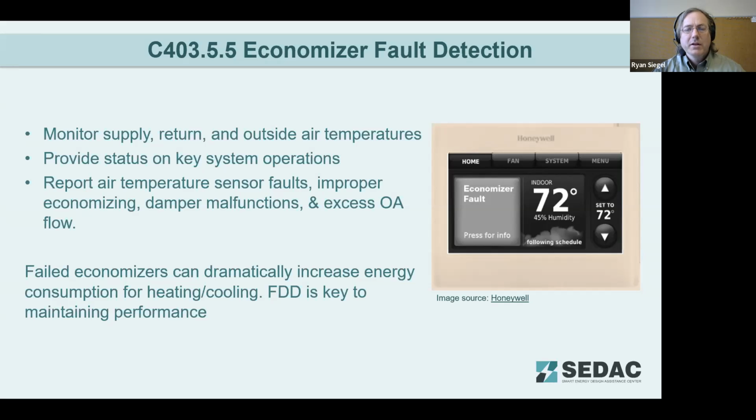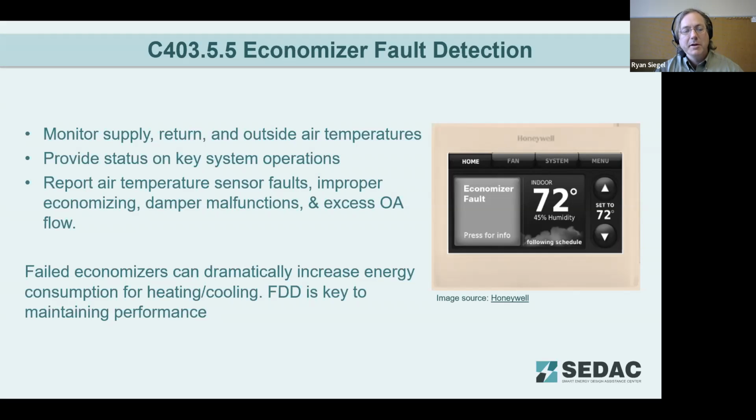What the economizer fault detection is going to be looking at is supply, return, and outdoor air temperatures. It may also include humidity, but particularly we want to start with temperature and make sure that it's providing a status on what the operation is at the time.